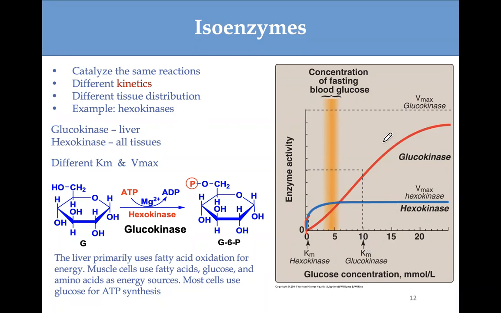You have to have a high amount of substrate to increase the chances that this enzyme finds its substrate and the reaction happens. So unless there is a high amount of glucose in our blood, glucokinase doesn't work.